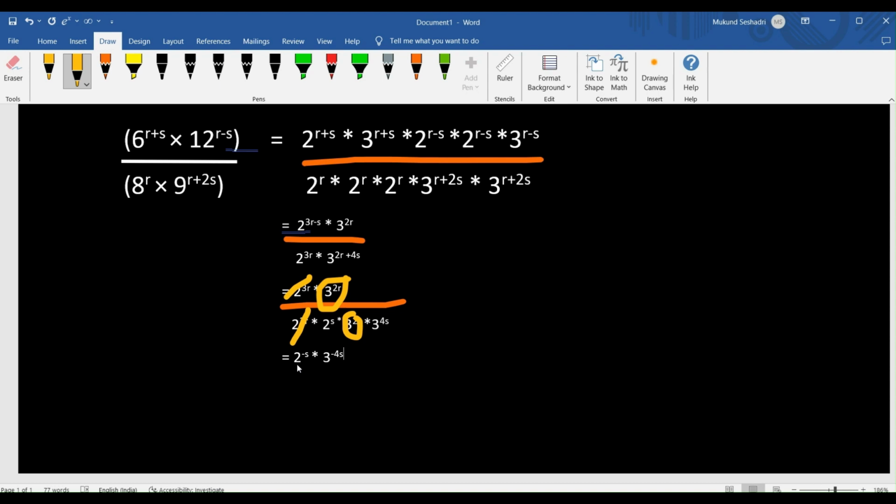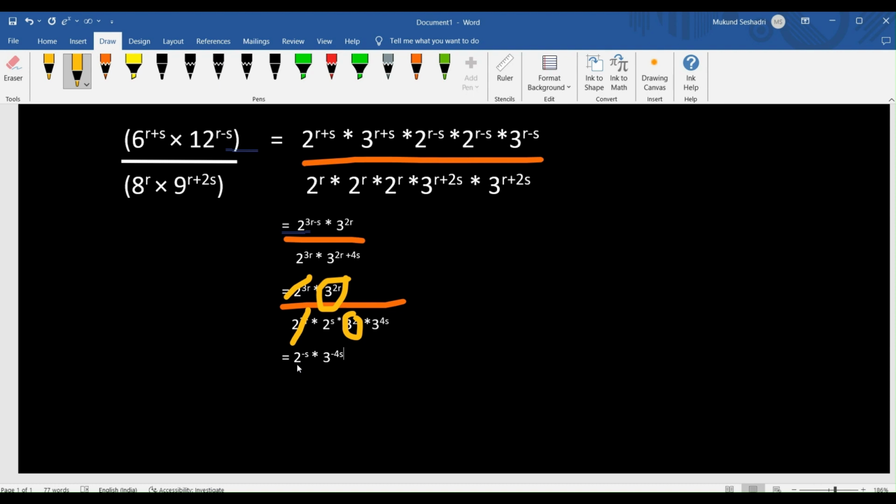Let's assume s equals minus 2, then we have 2 to the power minus s becomes 4, which is 2 square. And similarly is the case with 3 to the power minus 4s, right? And if s is going to be positive, then we have 2 to the power minus 2 become 1 by 4, then it becomes an expression which is lesser than 1, and it's no longer an integer, right?